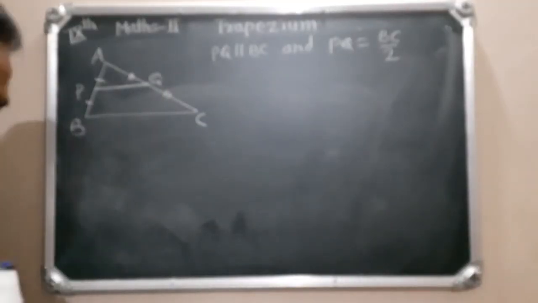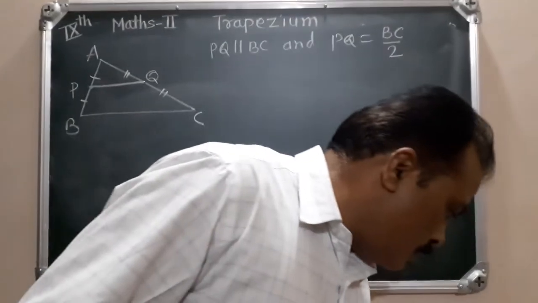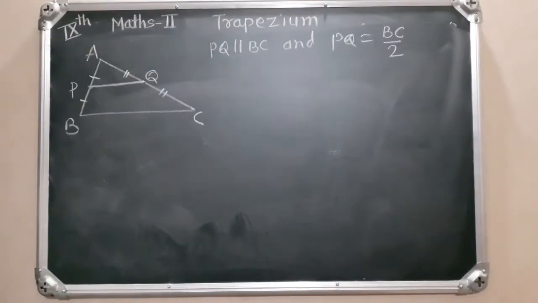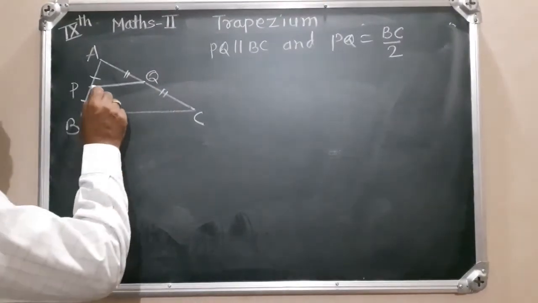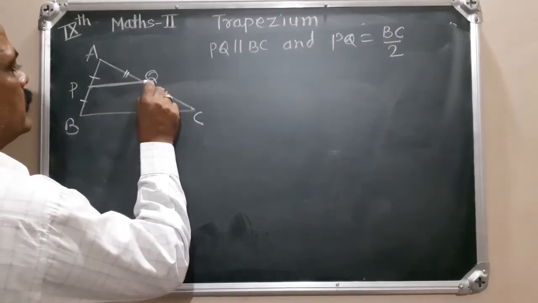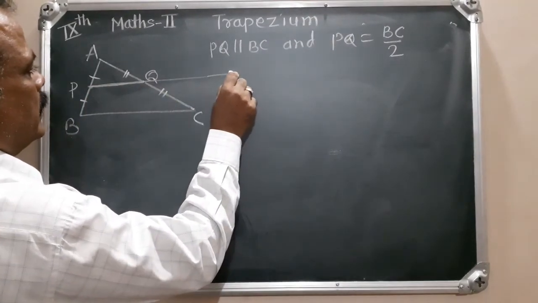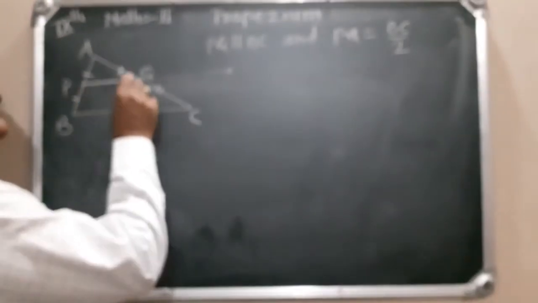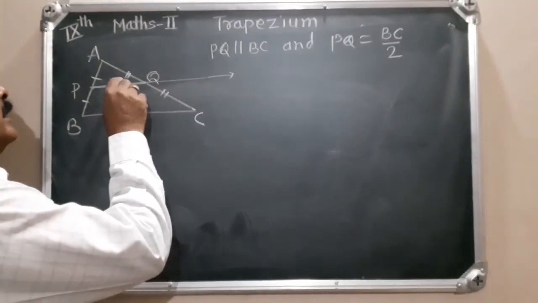In order to prove this, we have to draw a ray PQ and take a point R on ray PQ such that PQ is equal to QR.